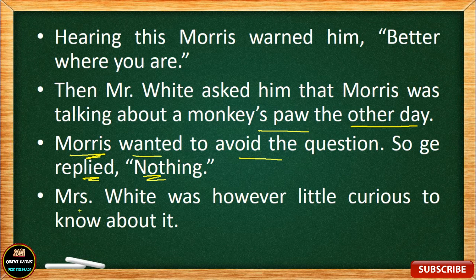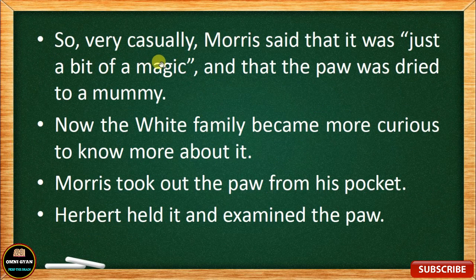But Mrs. White, you see, she was a little curious to know about it. So Mrs. White also asked, what is that monkey's paw? So very casually, not formally, okay, very casually, Morris said, no, it's just a bit of magic, and actually that monkey's paw was dried to a mummy. Mummy, I think, that dead bodies were wrapped with clothes and some kind of medicines, chemicals were smeared, put on the body to preserve the dead bodies, okay.